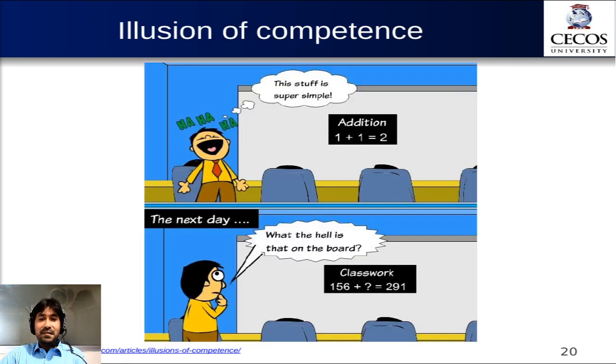Well, this is something which we face very much, and I will end my presentation on this slide. Illusion of competence. Let me explain it with the help of an example. Students love to collect notes, materials, lecture slides.